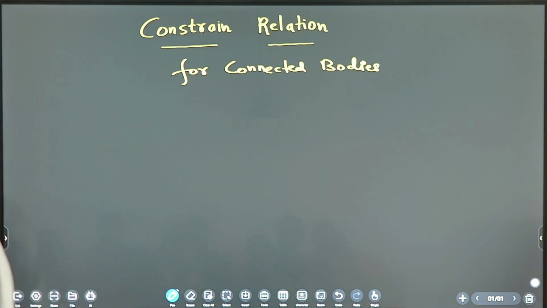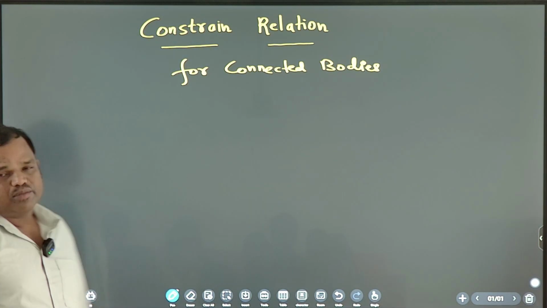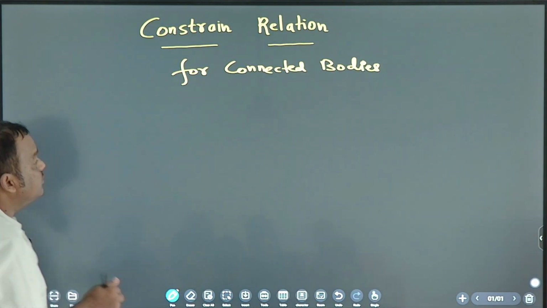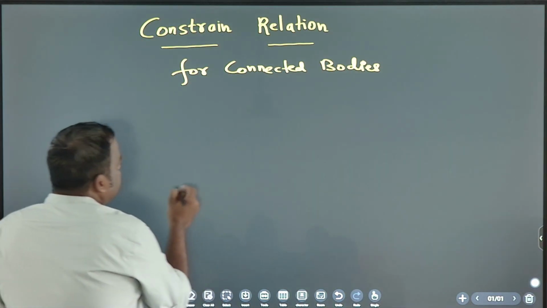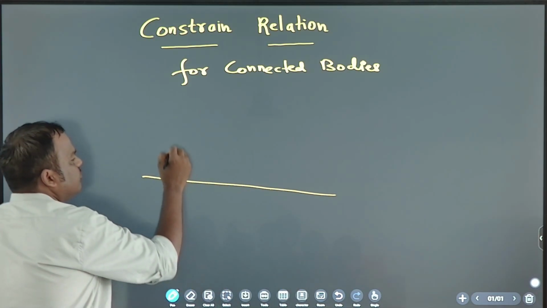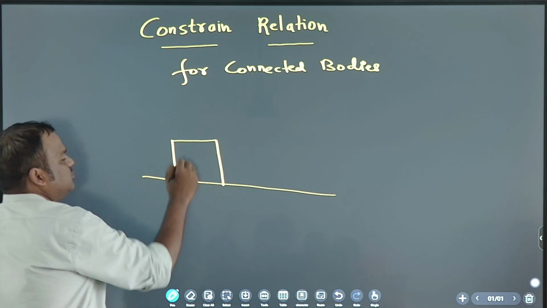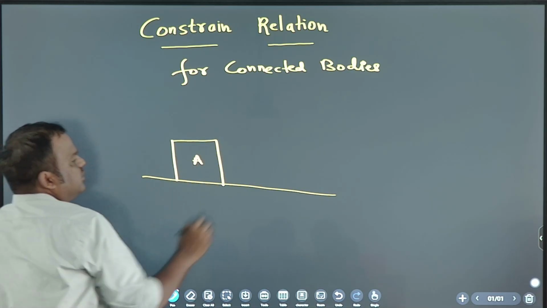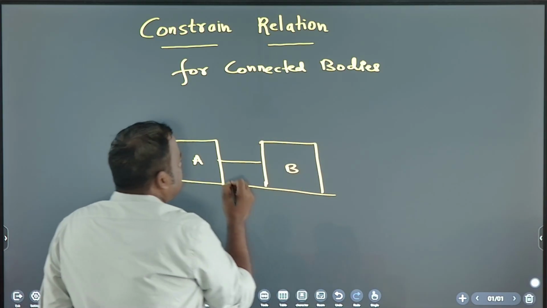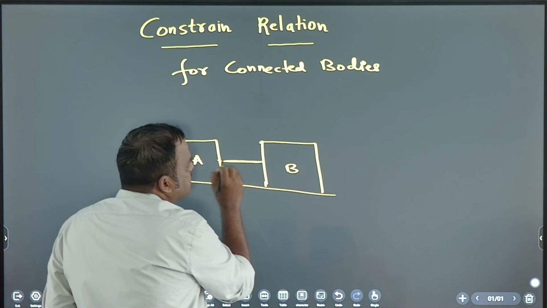Connected bodies means suppose two blocks are there, they are connected by a string, right? So let's take a very basic example. Suppose this is the horizontal surface and two blocks are there, block A and block B. They are connected with the help of a string.